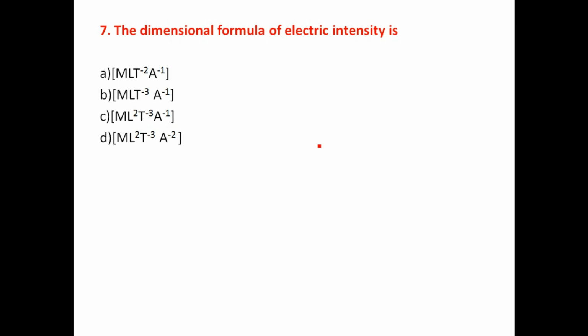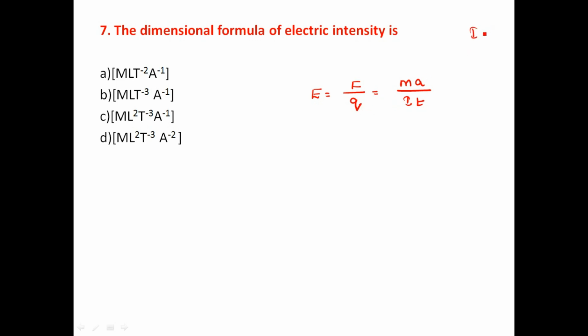Next, question number 7. The dimensional formula of electric intensity is. What is the expression for electric intensity E? It is nothing but F by Q. Or I can also write it as MA by, what is Q? I into T, right?